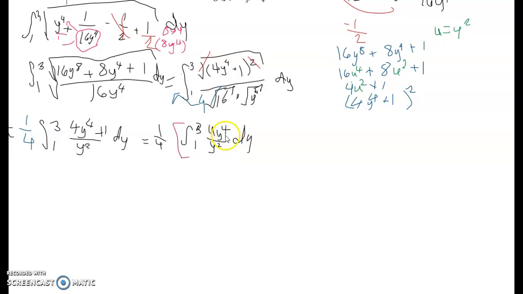Y squared over y fourth plus the integral from 1 to 3 of 1 over, well, just to make that easier, right? Because it would just be 1 over y squared, we're just going to put y to the negative 2.